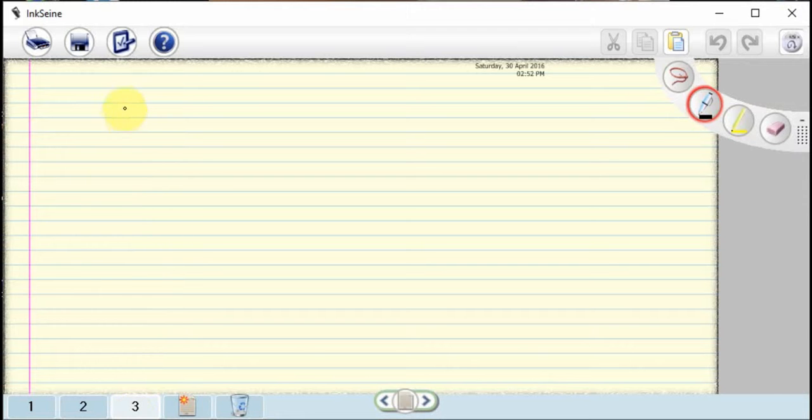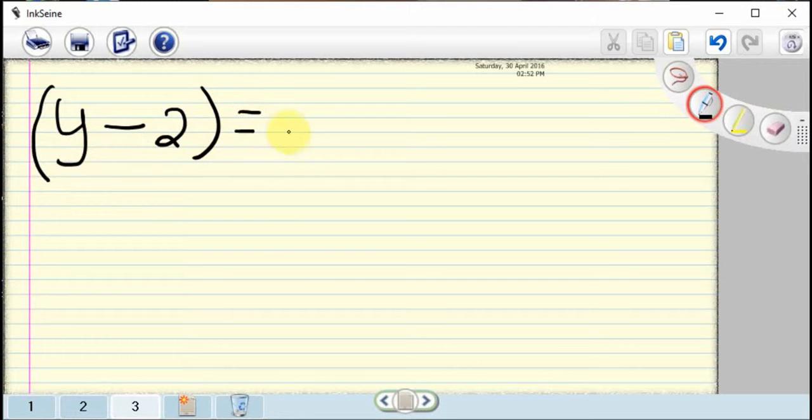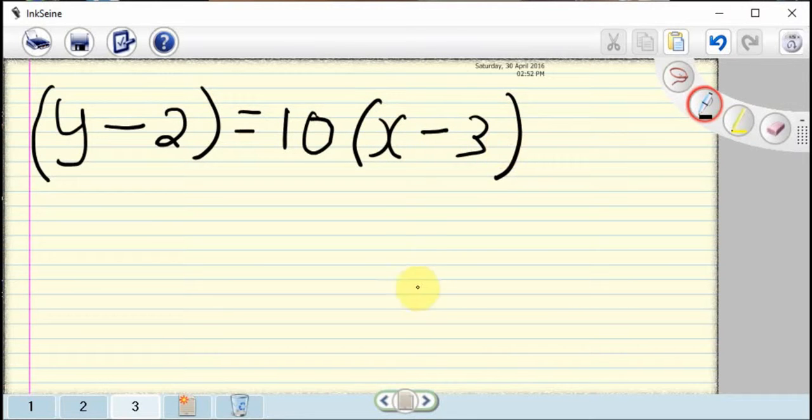It's going to be y minus y1, which is 2, is equal to m, that's our gradient, which is 10, multiplied by x minus our x1, which is 3.